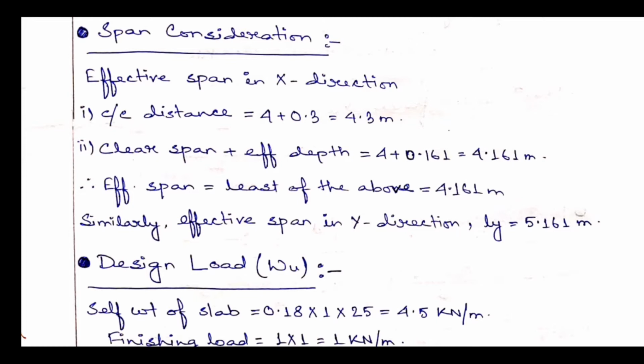So clear span is 4 plus effective depth as per calculation, 0.161 meter. So that is equal to 4.161 meter. From these two, the lesser will be accepted. Therefore, effective span is equal to the least of the above, that is 4.161 meter. Similarly, the effective span in y direction, Ly, is equal to 5.161 meter.